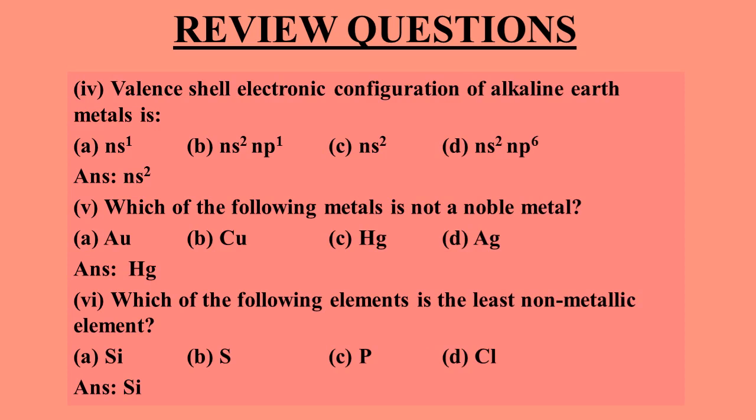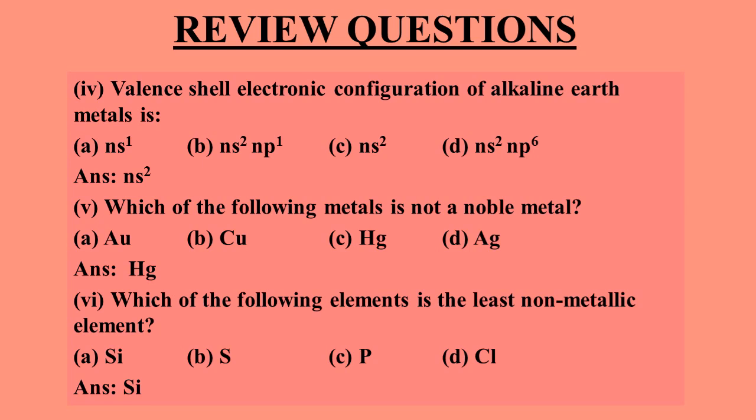In the fourth part, we have to tell the valence shell electronic configuration of alkaline earth metals, that is ns2. In the fifth MCQ, we have to tell which of the following metals is not a noble metal.